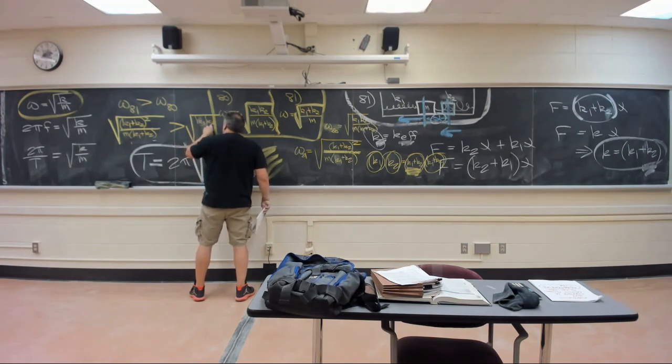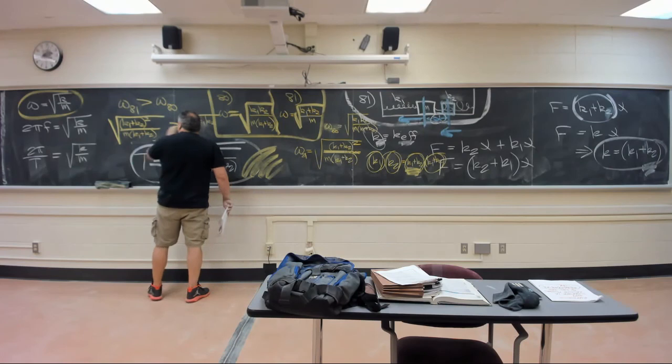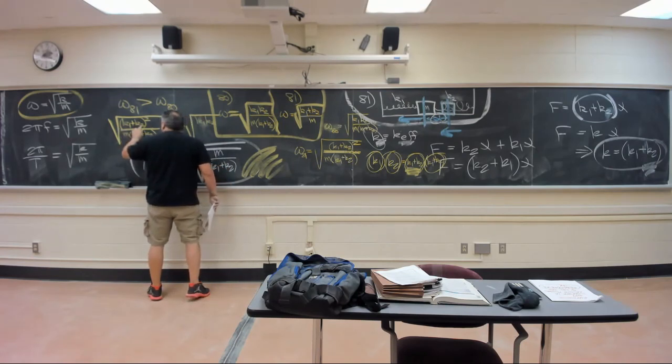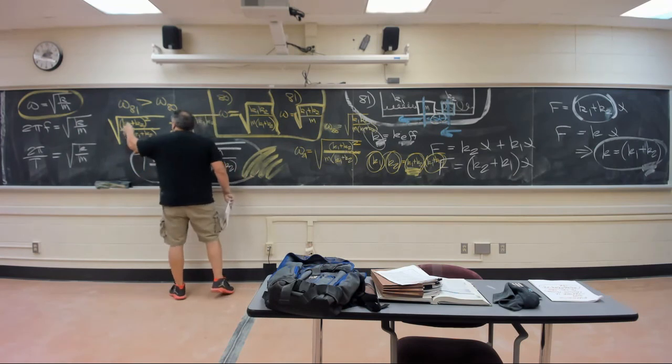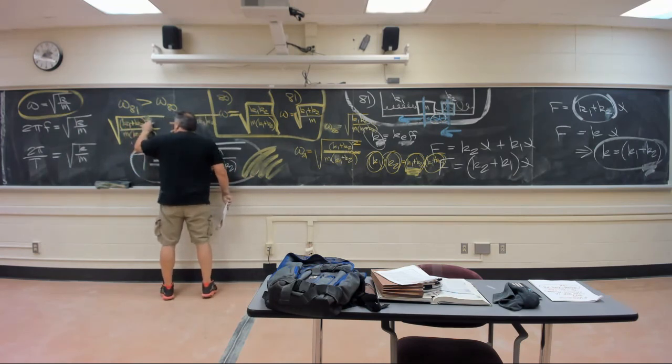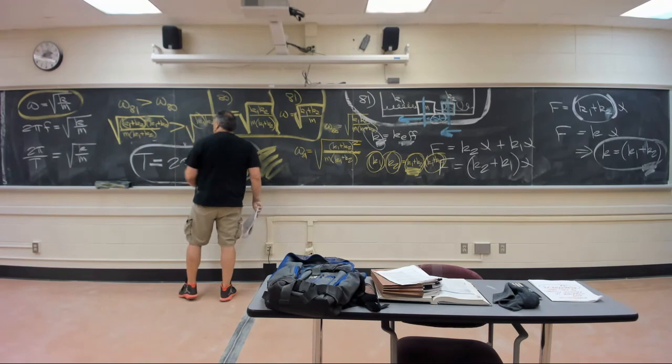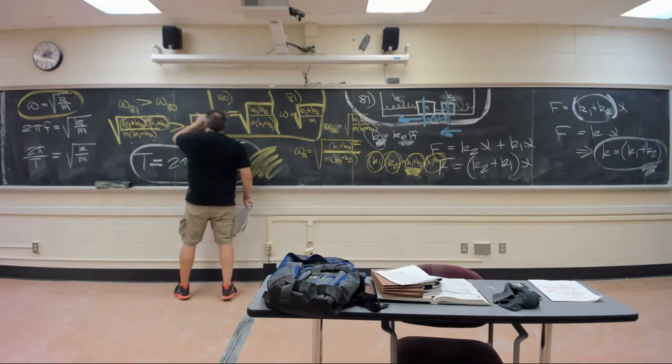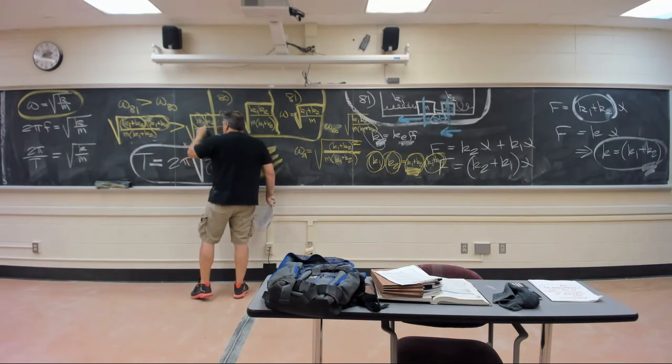K1 is smaller than K1 plus K2, and K2 is smaller than K1 plus K2. This is really K1 plus K2 times K1 plus K2. This is bigger than that, for sure, and this is bigger than that. The bottoms are the same, so nothing changes.